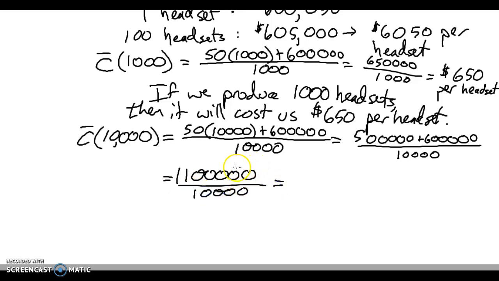Divide that by 10,000. We can do that quickly by just crossing off common zeros. We get $110.